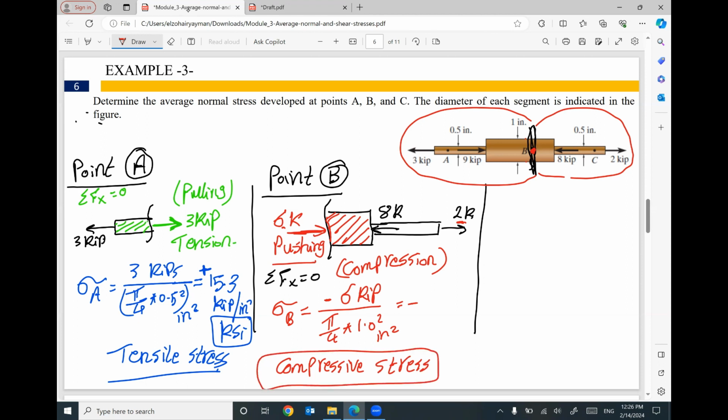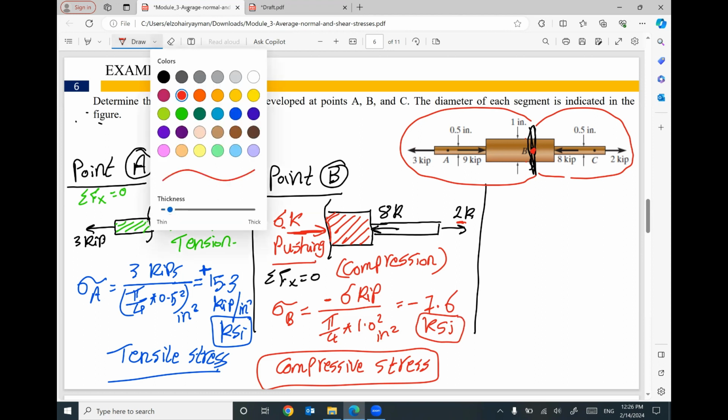So 6 divided by pi divided by 4 times diameter squared. So the value will be negative 7.6 ksi, which is kip per inch squared.